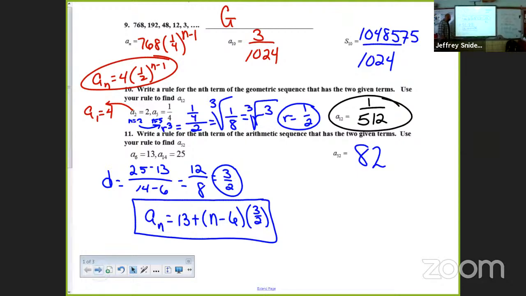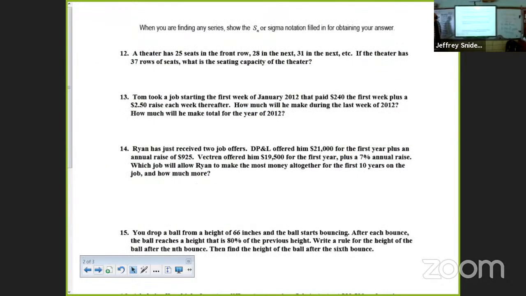All right, second page. Let's go through these, and I need someone to tell me what kind of problem it is. Is it arithmetic or is it geometric? That's the first thing you have to decide when you're doing these. So number 12, what type is it? Arithmetic. How about number 13? It's arithmetic. Number 14.